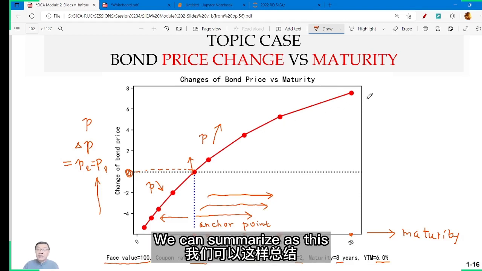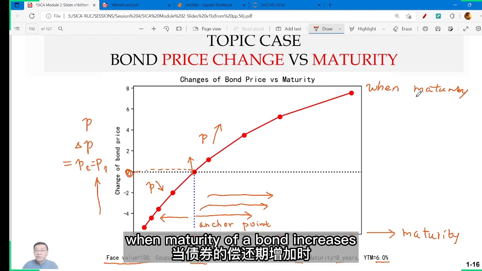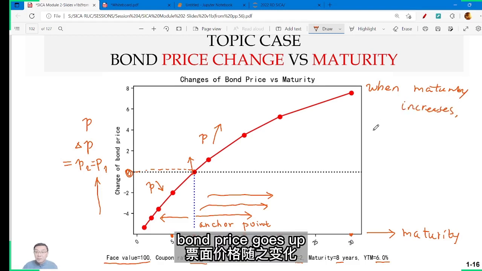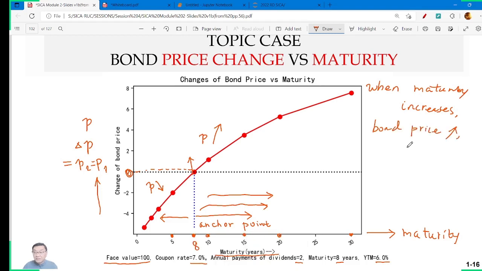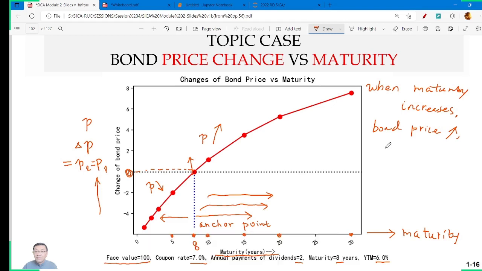We can summarize as this. When the maturity of a bond increases, gets longer, bond price goes up, or the change of bond price goes up.